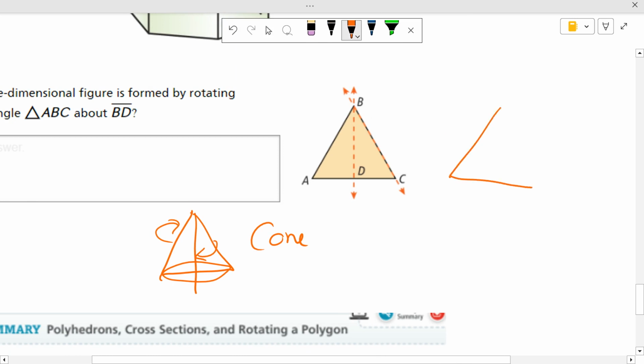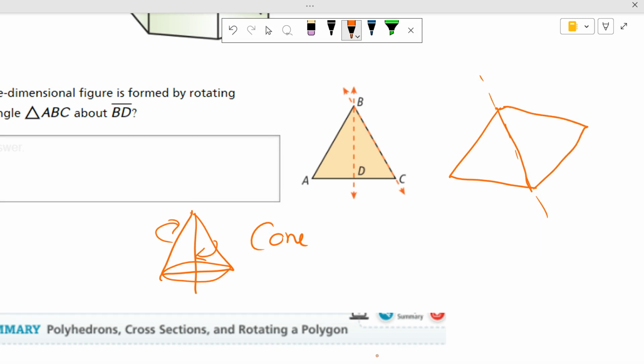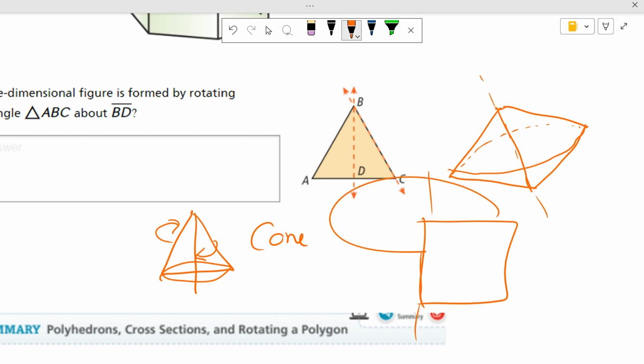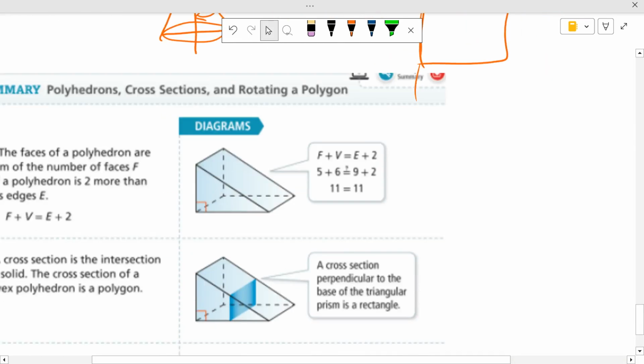If we take this and wrap it around this line, it becomes this, which is, I don't even know the name of it, but it's a cone on top of a cone. We're not going to have to worry about wrapping it this way. I want you to know, if we wrap this around, what does it become? A cylinder. This would be a cone, and so on.